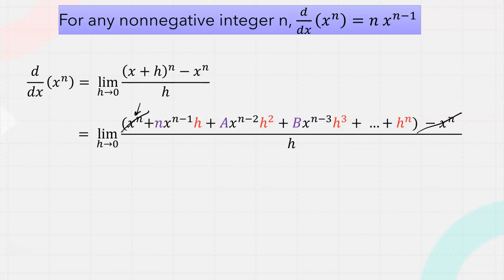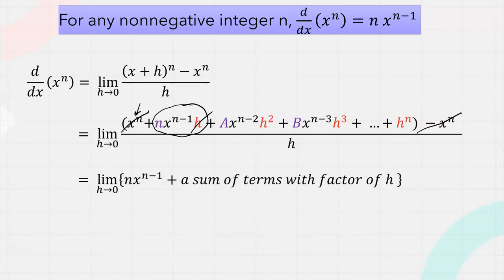And then so when we divide everything by h, the h will be gone, and that will just give you n times x to the n minus 1. And then the rest of these, even if we were to divide by h, there will be one less h in there, but they all have a factor of h in there.